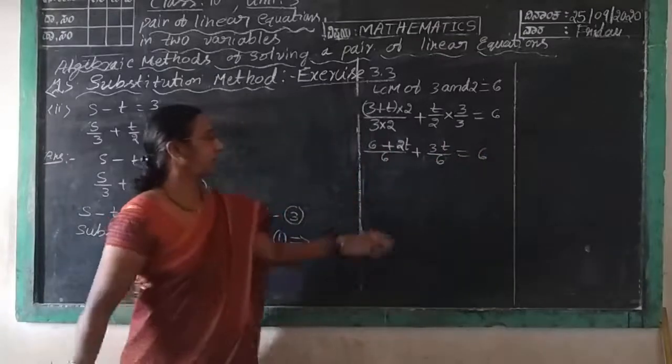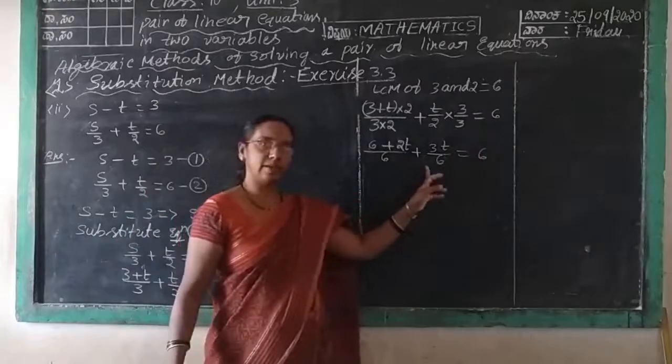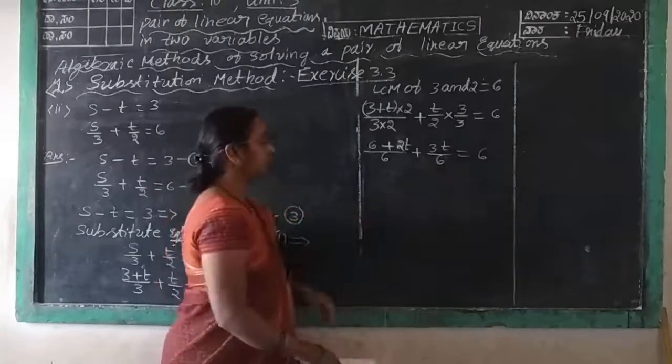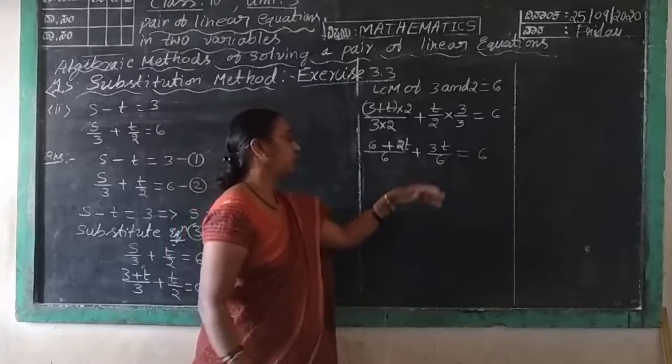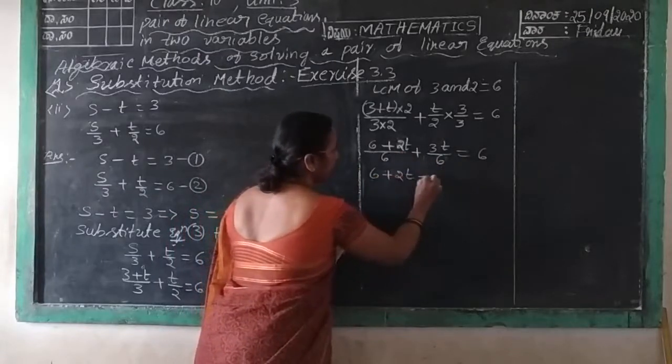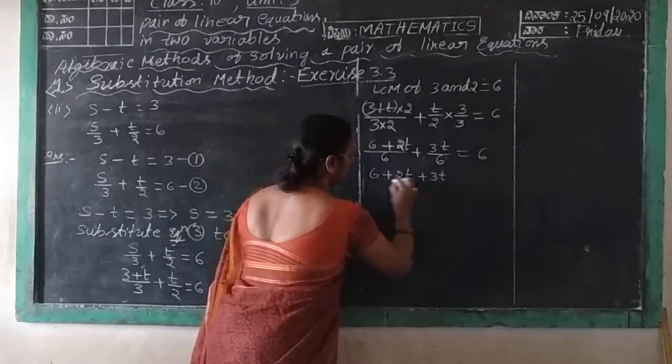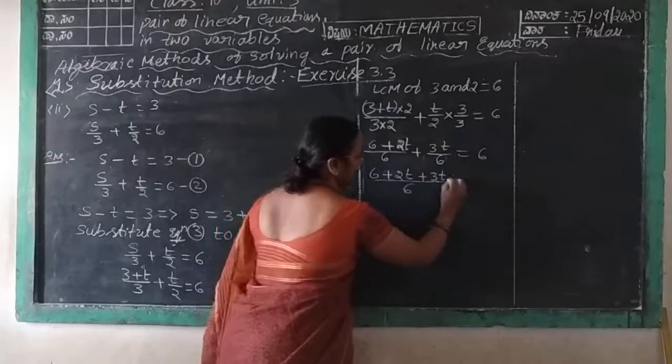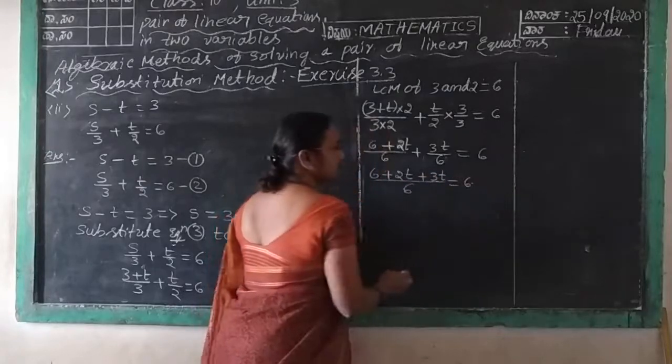Then we see both denominators are the same, so we take the LCM. Then directly we add the numerators: 6 plus 2t plus 3t, 6 is equal to 6.